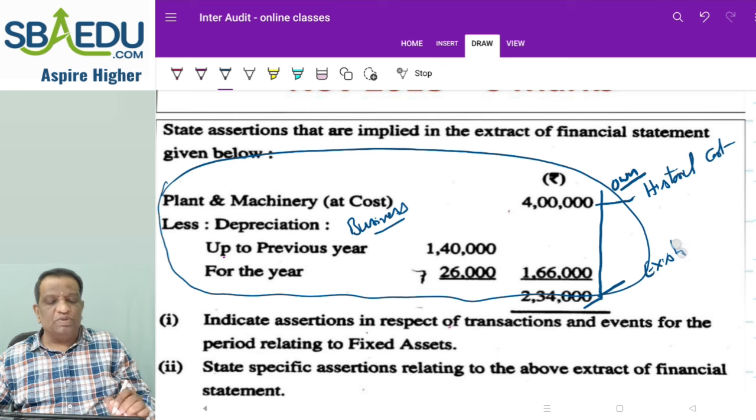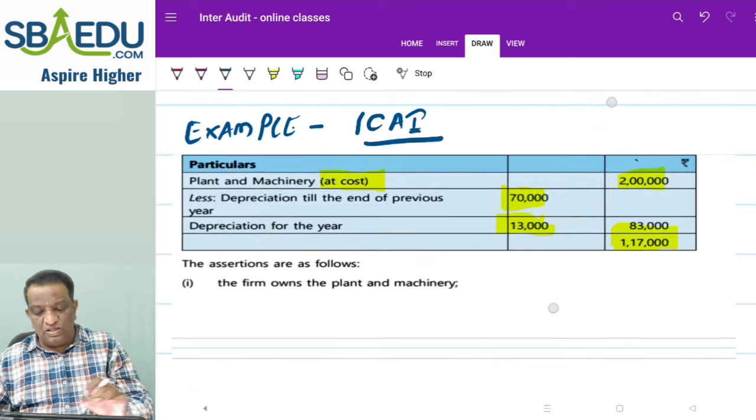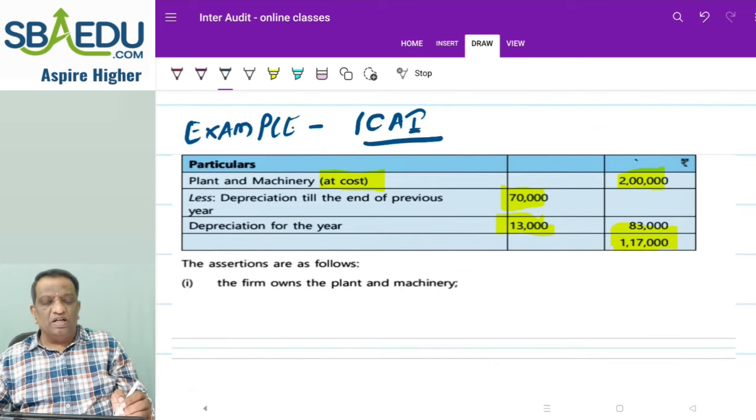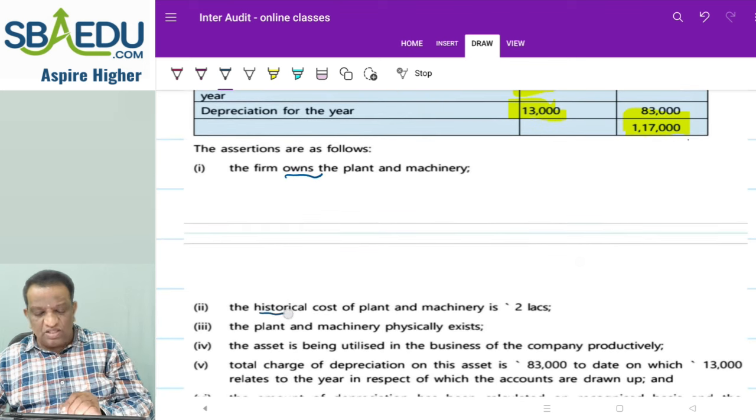Whenever you are presenting, you are supposed to present a similar case with different numbers. Plant and machinery 2 lakhs, less depreciation accumulated in the current year, and therefore valuation. Then what are the assertions? The firm owns the plant and machinery, and the cost of it is the historical cost.